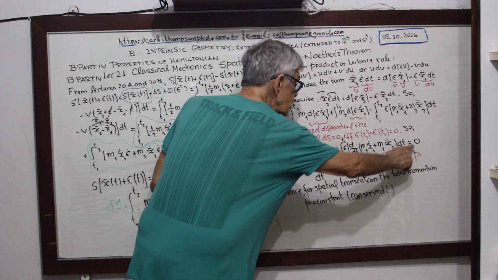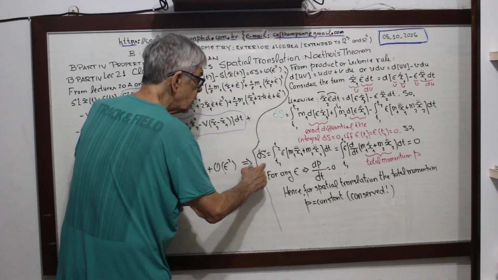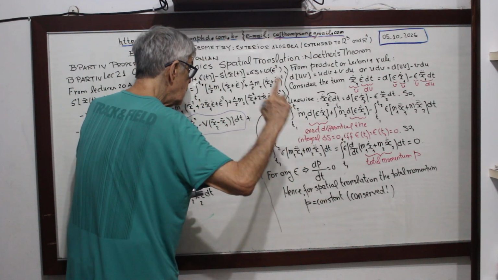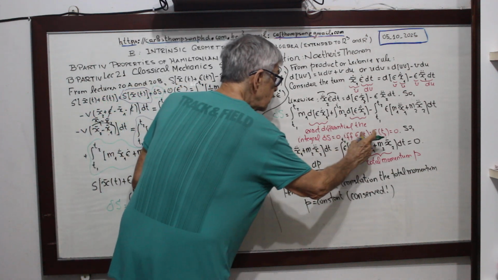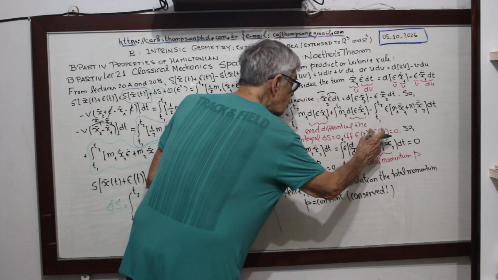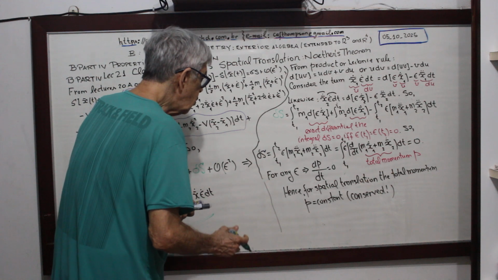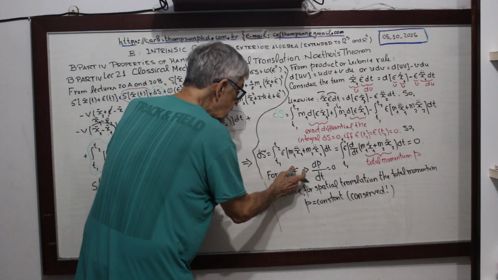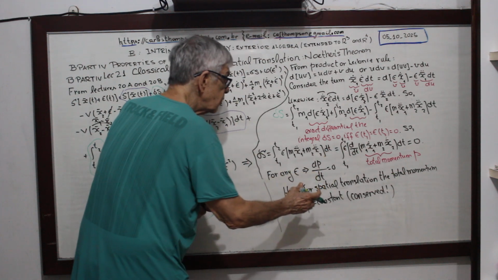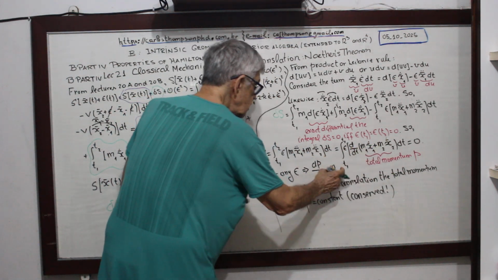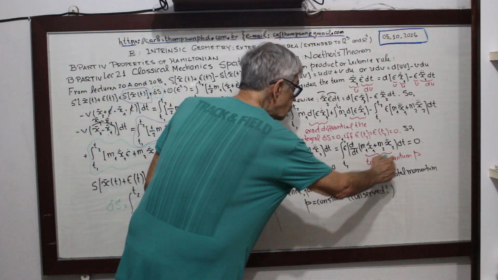So the integral here is equal to 0 because δS, the green one here, is equal to 0. Attention now, because ε(t1) equals ε(t2) equals 0. So for any ε, this implies the integrand here is equal to 0. So P here is the total momentum.